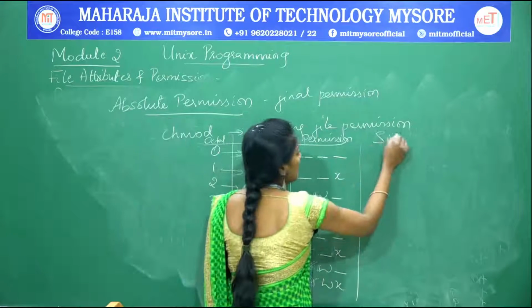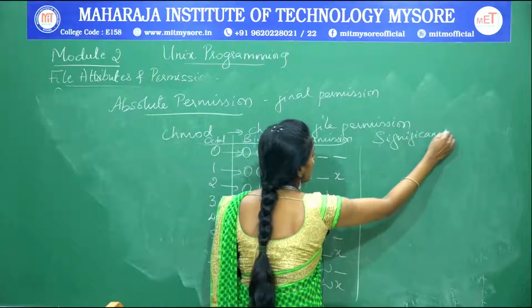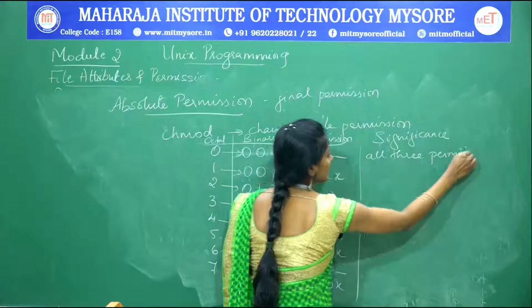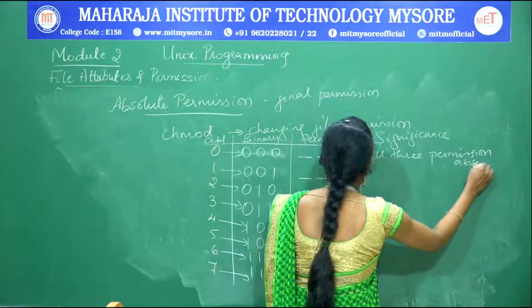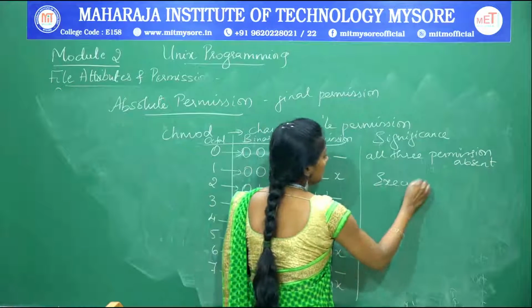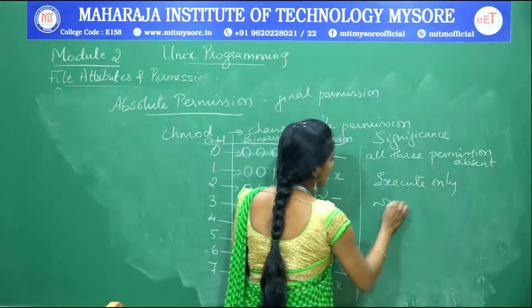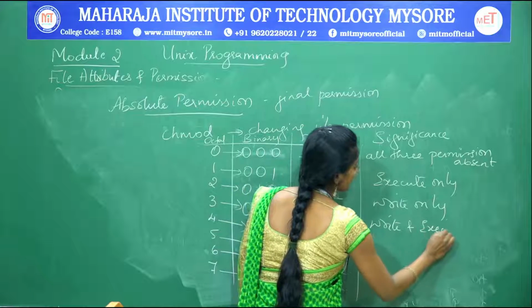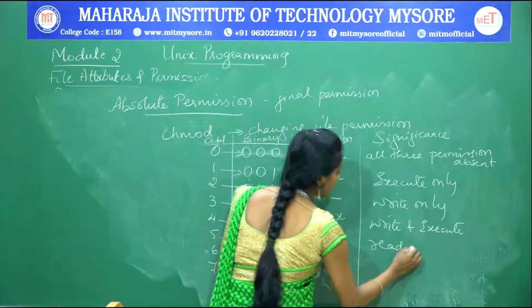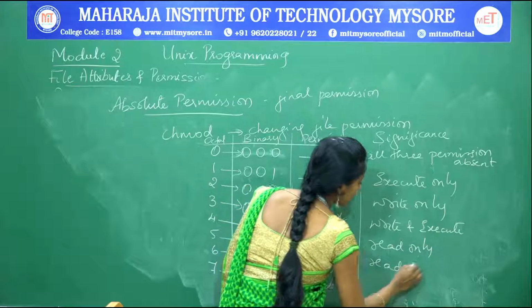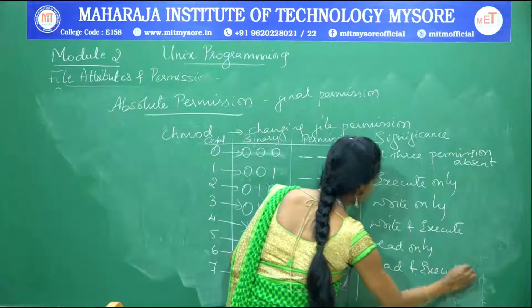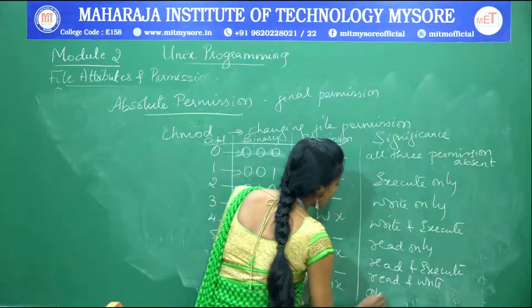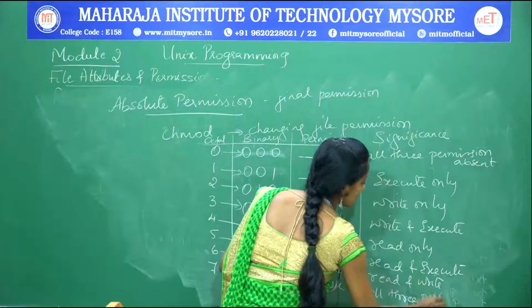The significance: for 0, all 3 permissions are absent; here execute only, here write only, and this write and execute, this read only, this read and execute, and this read and write; here all 3 permissions.